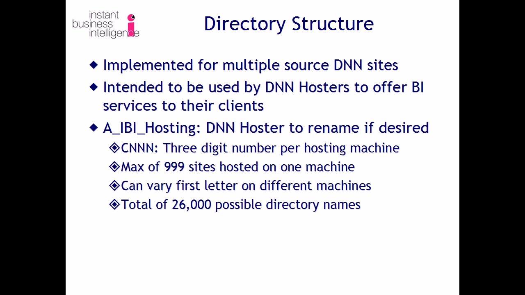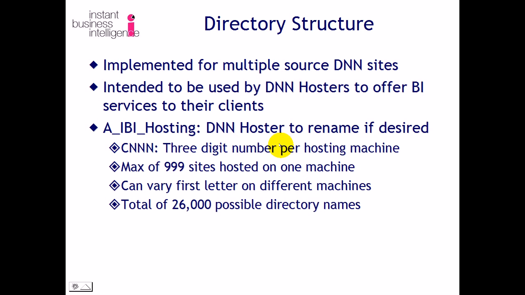So the first thing about the directory structure is it starts out with IBI hosting. Now a DNN hoster may like to rename that if they desire, but we've got IBI hosting in everything. And it's just to say, here is the directory that we're using. We're using a C followed by 3 digits, C for customer, just one letter of the alphabet.